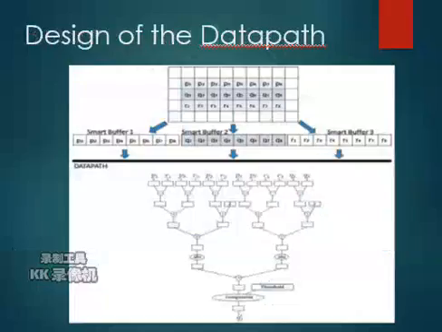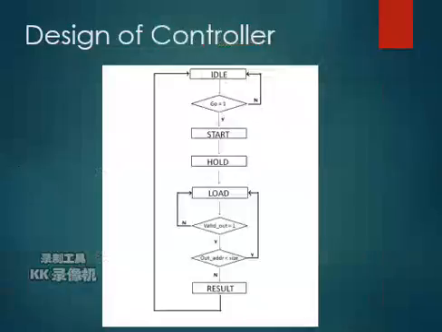And here's the data path design. You can see we take the data from the buffer and put it into the data path, and the data path will process it. Basically, the data path does the work of implementing the formula, and the controller controls how the data path runs, the pipeline and everything.